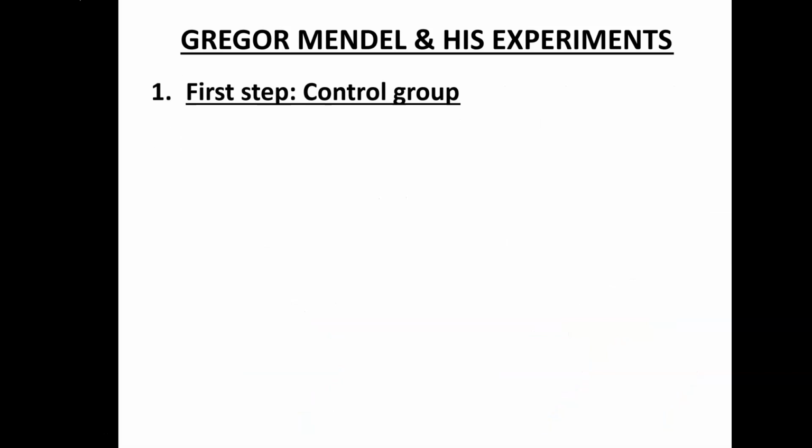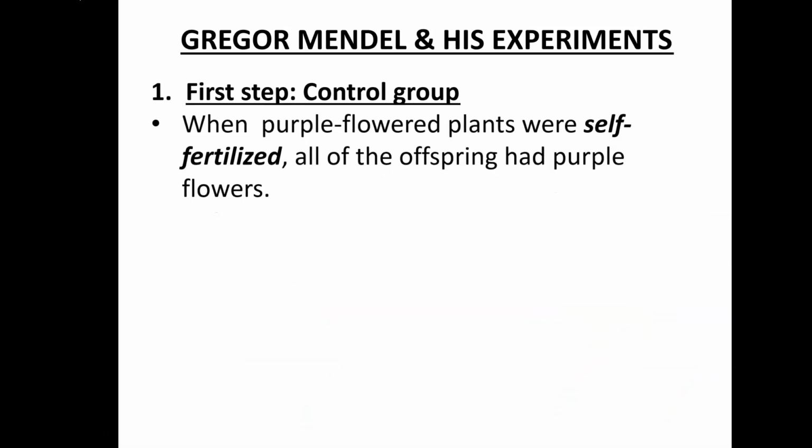So the first thing that Gregor Mendel did was create a control group. Basically, what this means is that he produced a true breeding generation of plants.